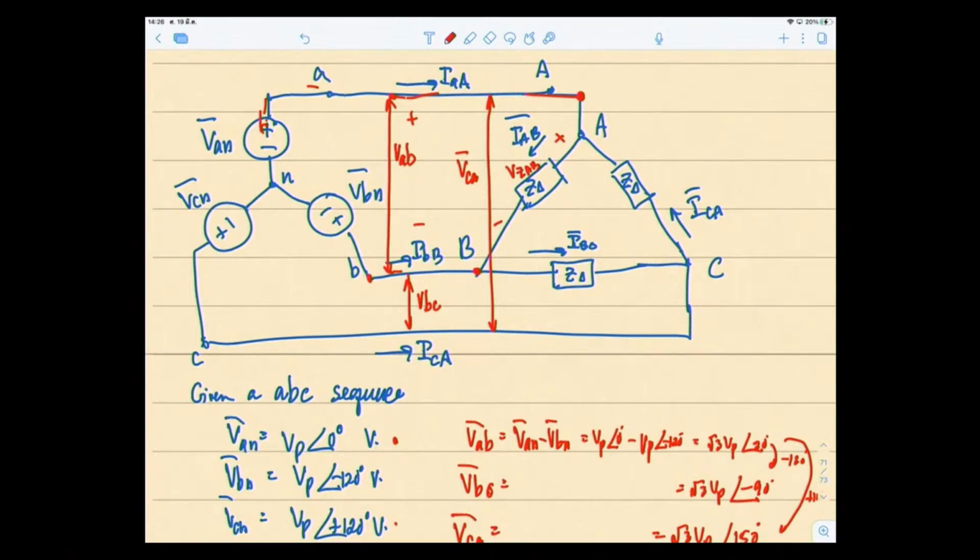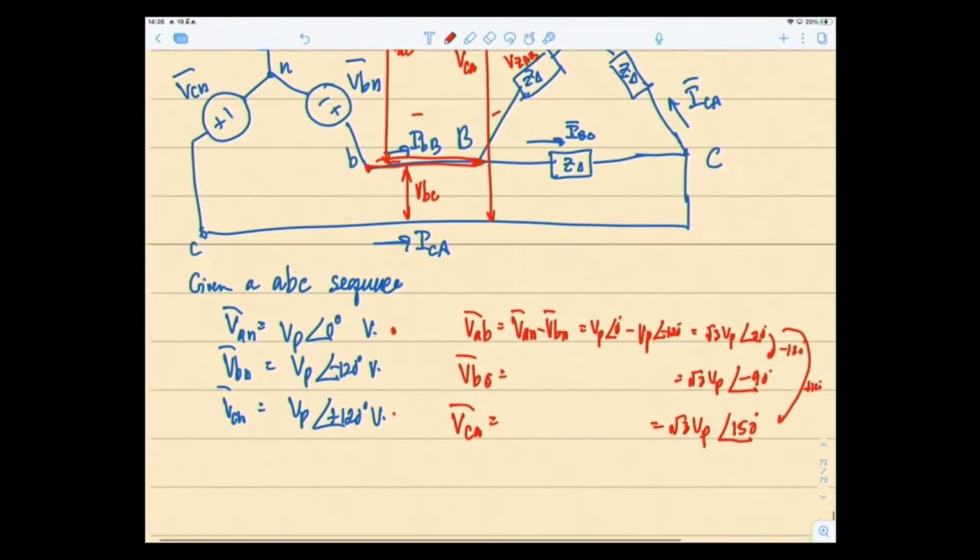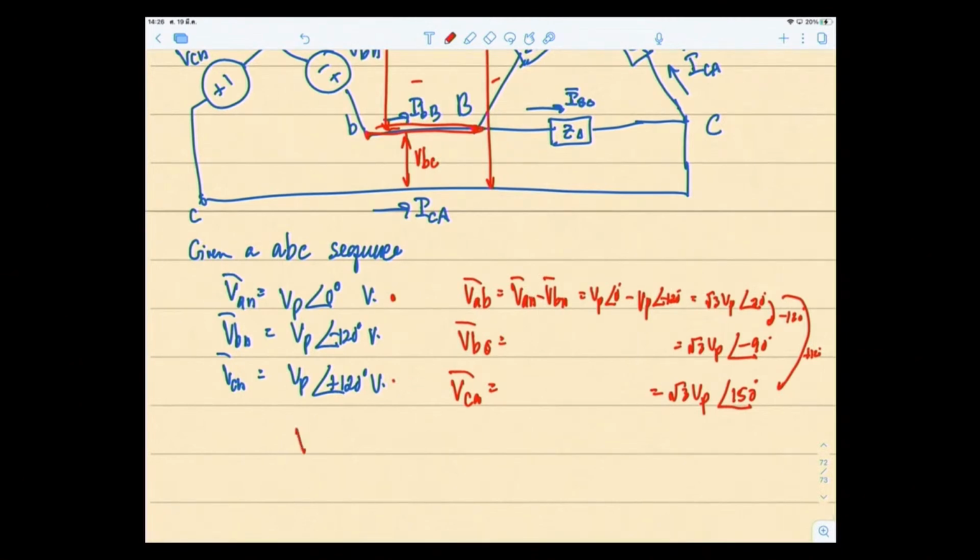You see that? It's the same point. Same thing. So therefore, we can say that in this case, V line is equal to V drop across the phase on the impedance side, VZ.